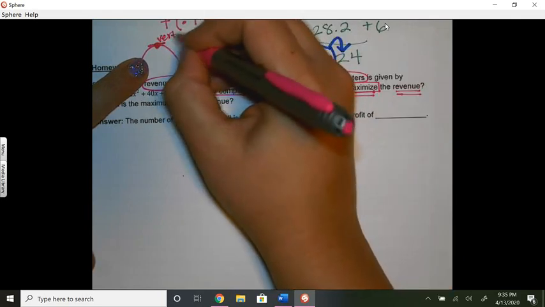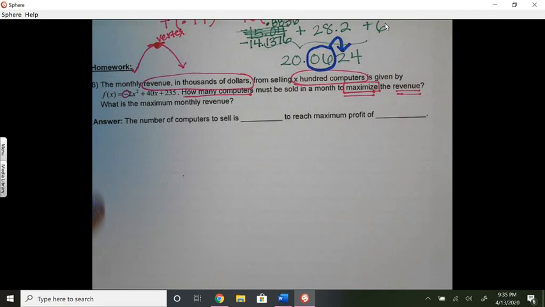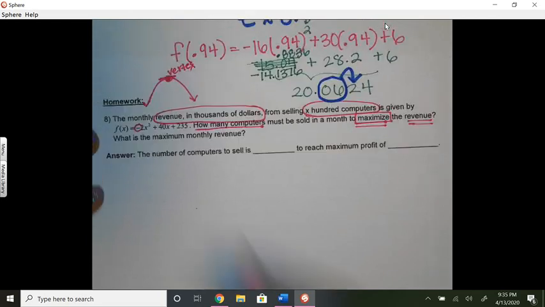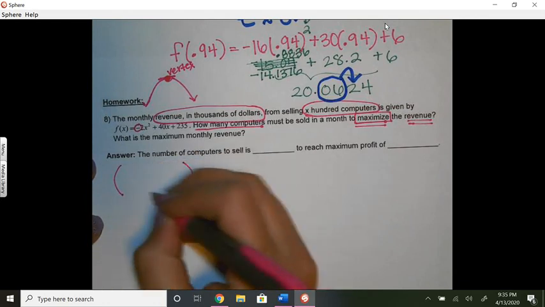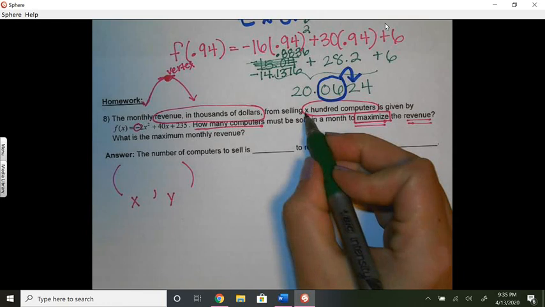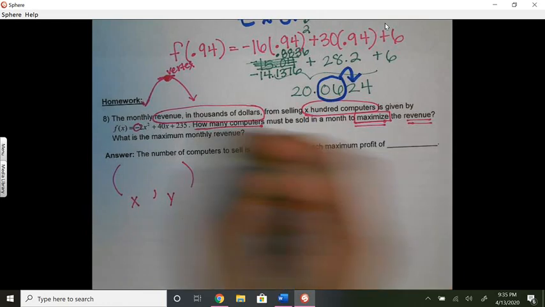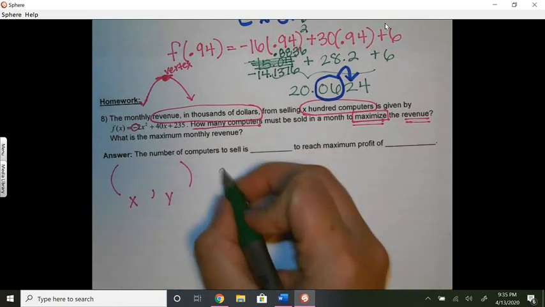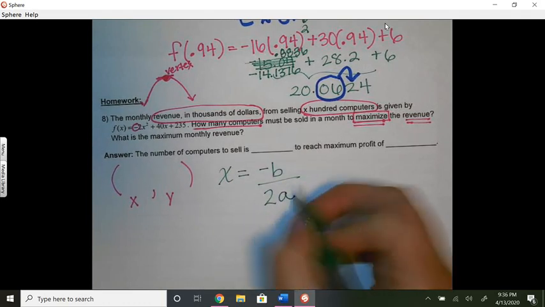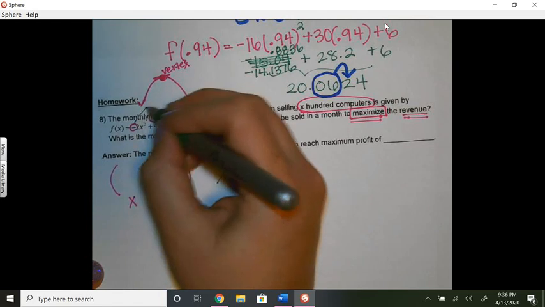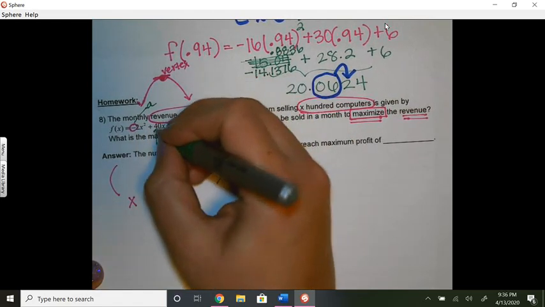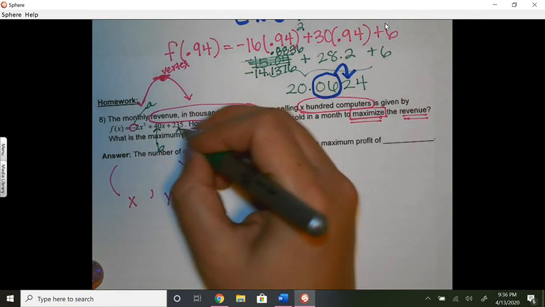If we want to find the highest amount of money that they can make selling the computers, that's called the vertex. So again, this is X and this is Y, and in this problem, it is still X. They used X. So if we want to find X of the vertex, it's negative B over 2A. So A is negative 2, B is 40, and C is 235.